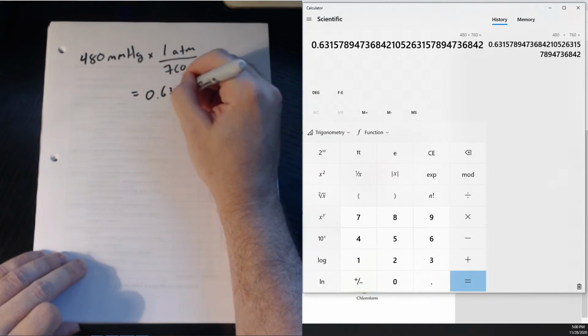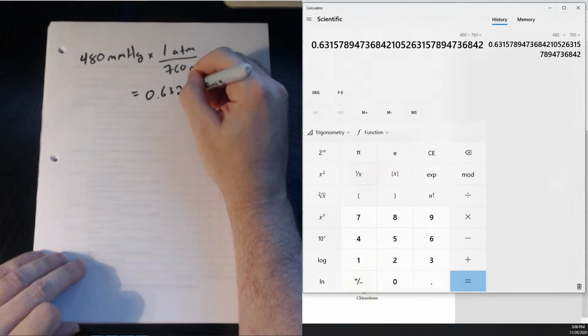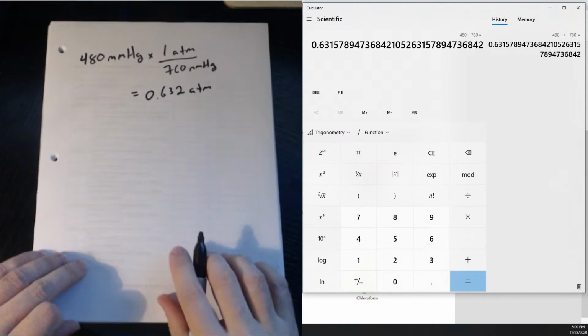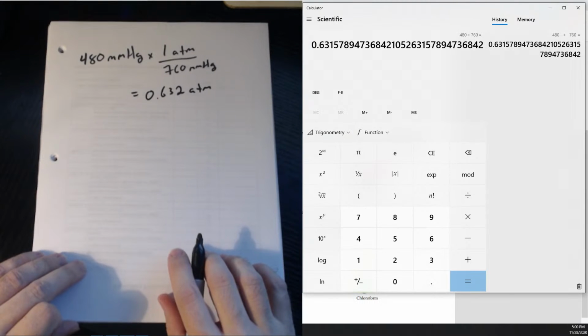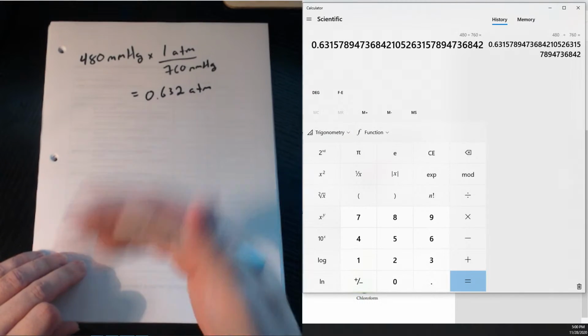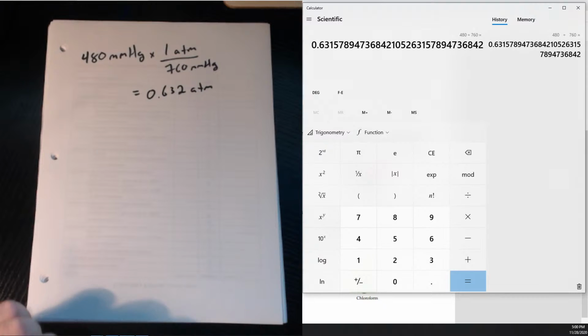I'm just going to go ahead and call it 0.6 atmospheres. Yeah, very low. That's probably above the edema range, the place where people can no longer survive.